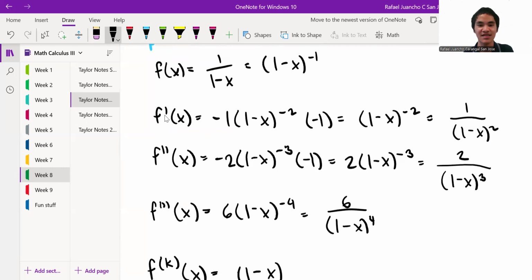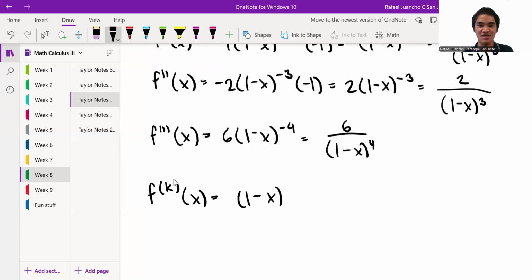Something that has to do with this k. This is 1, this is -2. This is 2, this is -3. It's something linear, right? So this k, this is 3, this is -4. What do we notice? It's minus of k plus 1, right? So it's 1 minus k.